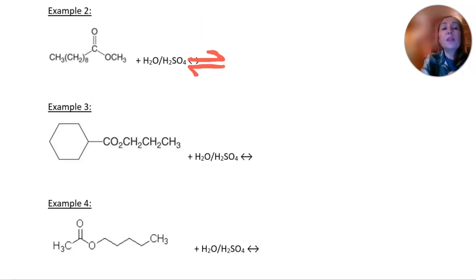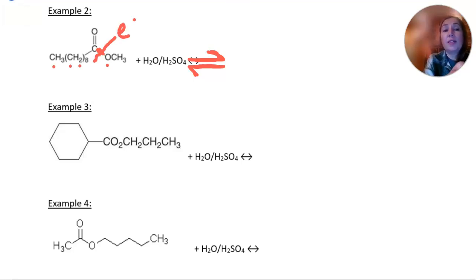Okay, so let's look at an example. CH3, then CH2 and there are 8 of them, and then C double bond O, bonded to O and bonded to CH3. We need to break the C bonded to the O in the middle of the ester.